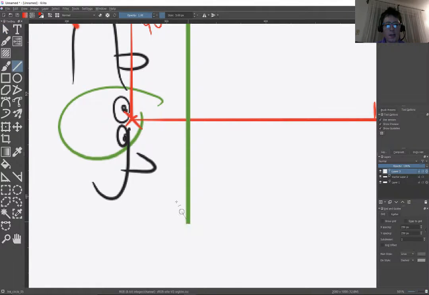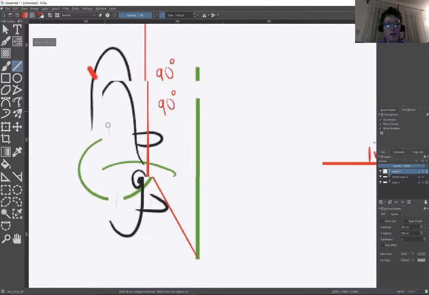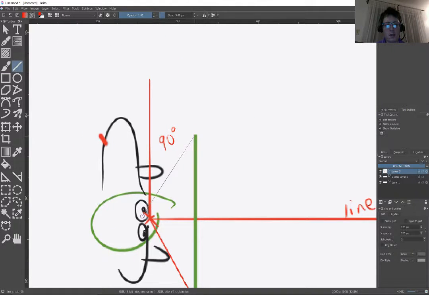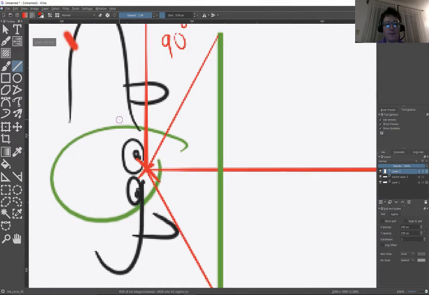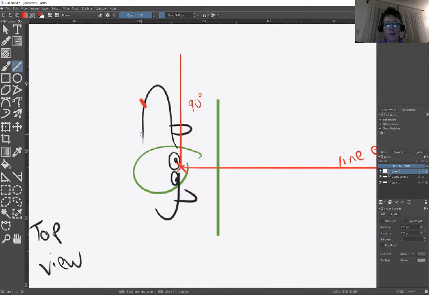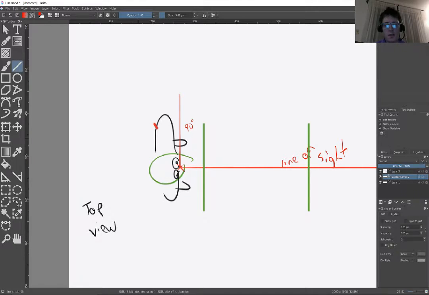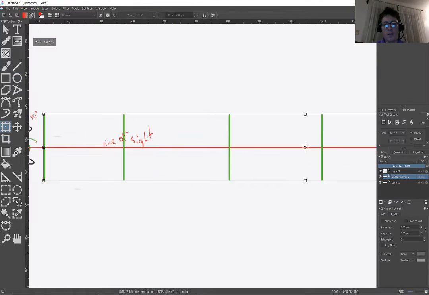Note that as they go from there to there, this is a pretty extreme angle. And in fact, if we go down here, I'm going to make this a little wider.